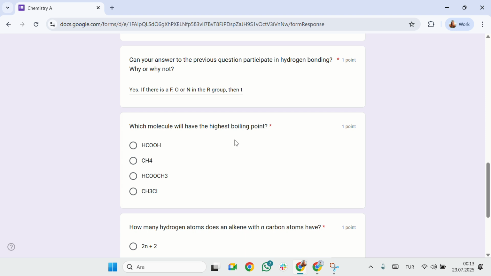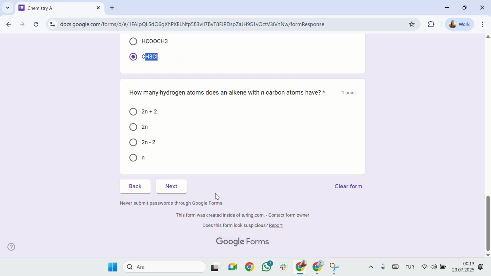Boiling point. Let me see. It should be hard to break it. So, they all seem like covalent bonding, and this seems like an ionic bonding, so I'm gonna go with this.